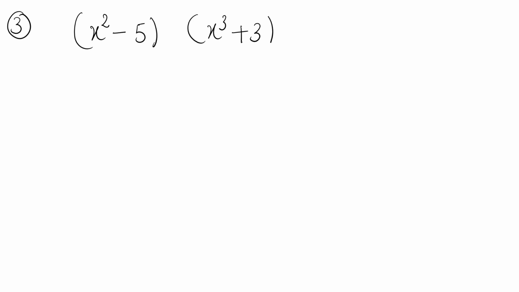Now we are going to solve the third example, that is (x squared - 5)(x cubed + 3). We will solve this product with the FOIL method. The first terms, outer terms, inner terms, and the last terms.